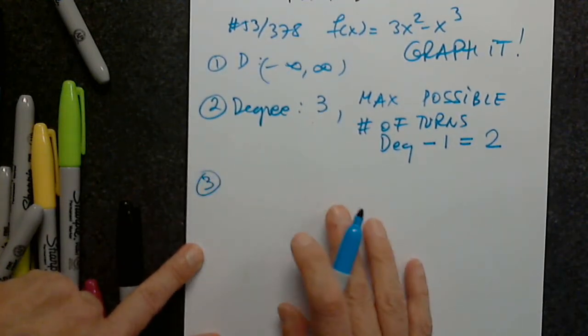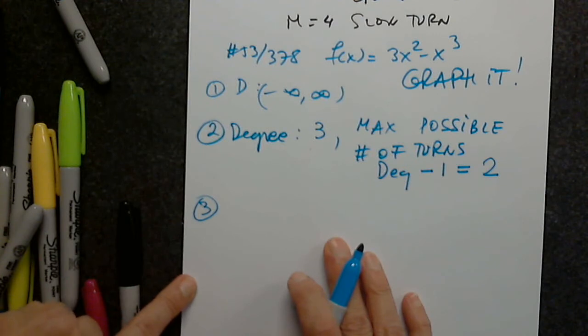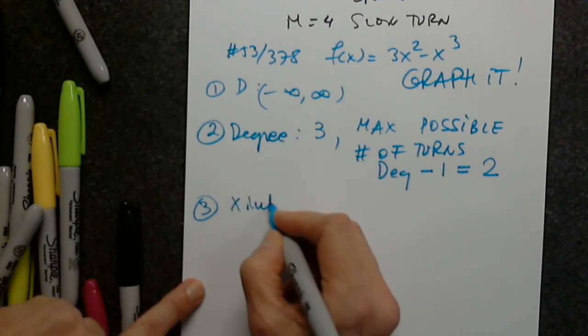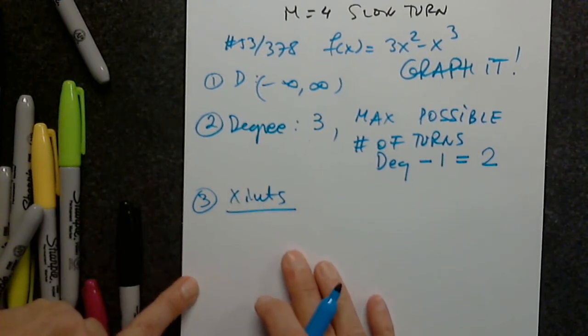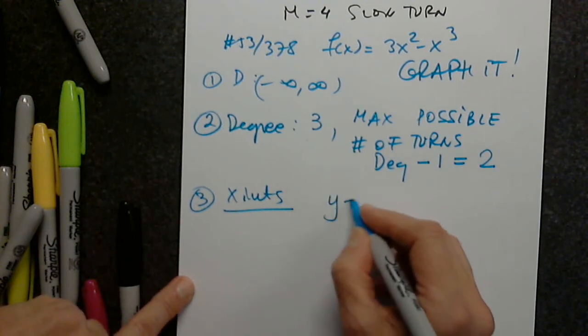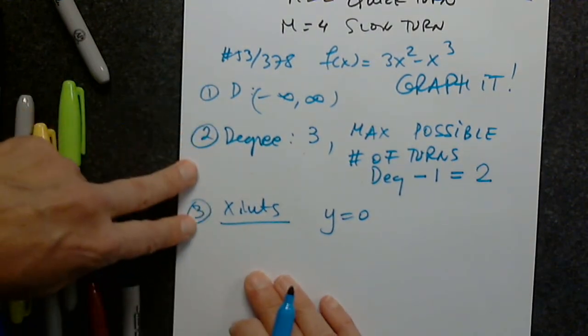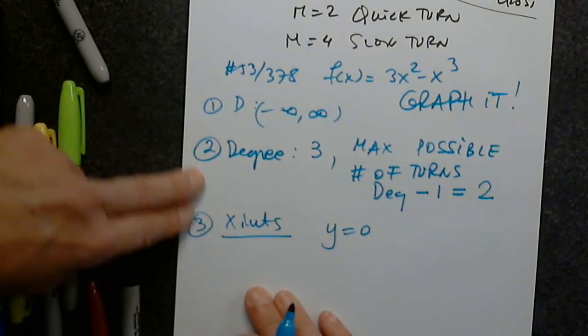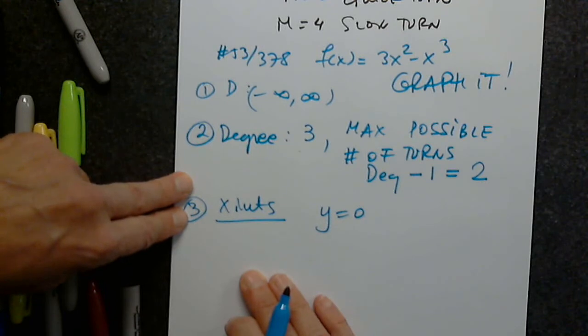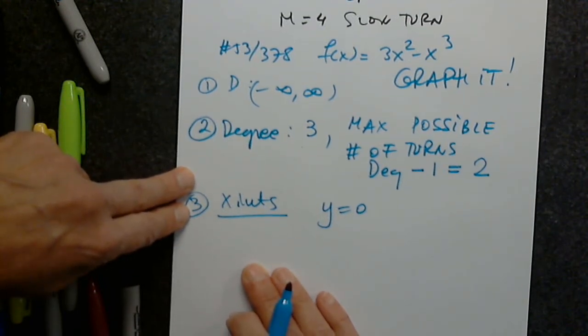Number 3. X-intercepts. How do we get the x-intercepts for any function? Very good. Yes. Oh, everything is the same like with the quadratic. We didn't do anything. Really, nothing new so far. Good.